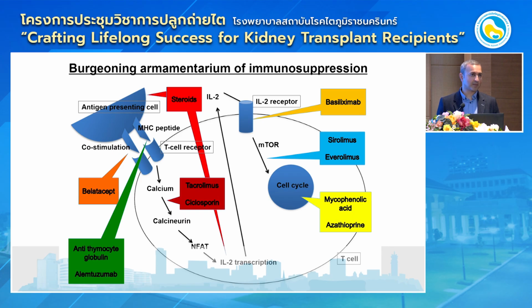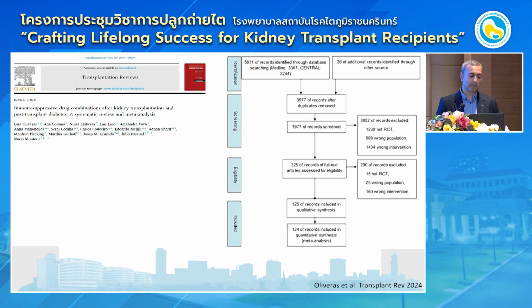And there's kind of a renewed interest in this area from the pharmaceutical industry, and there are several new anti-rejection candidates which are coming through for trials over the next few years. But there's a lot of literature on the association of these drugs with the risk for diabetes. And we performed a systematic review and meta-analysis where we reviewed all the different combinations.